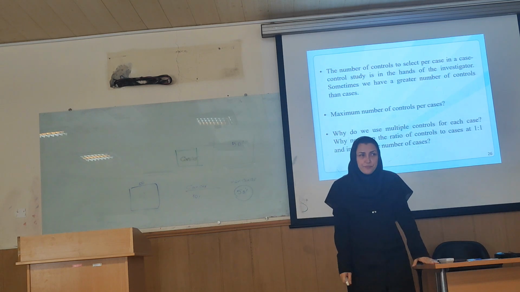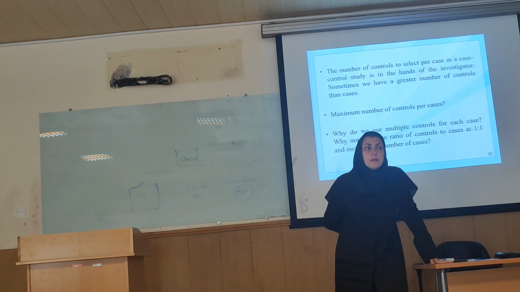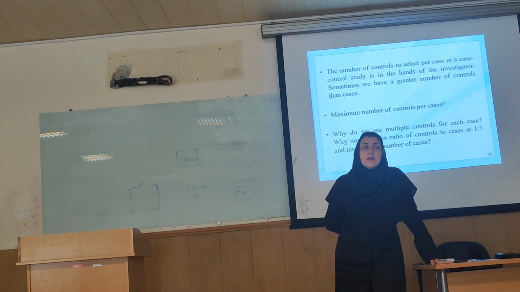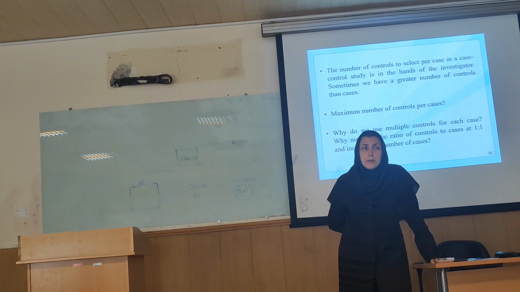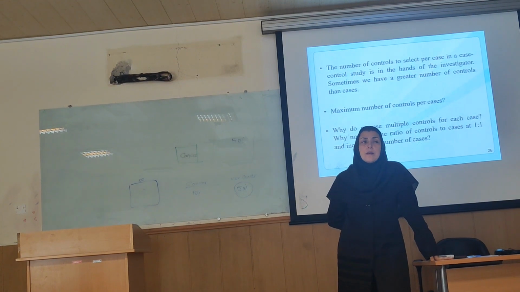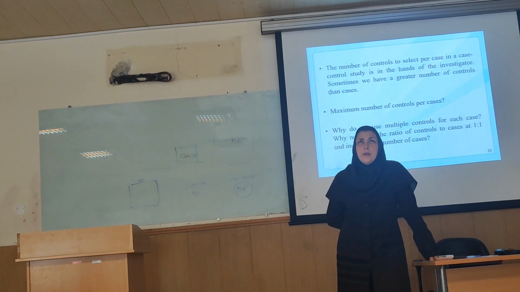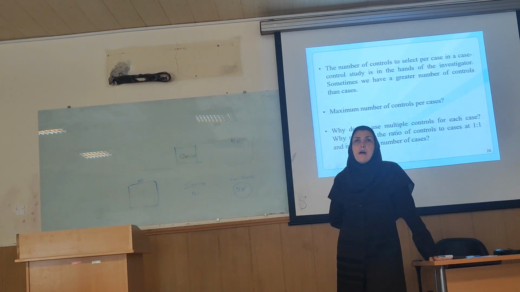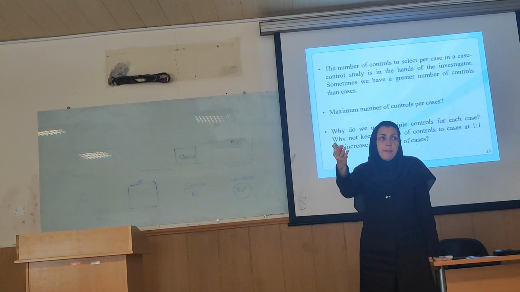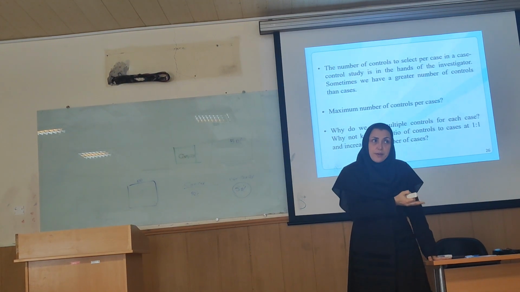Yes, but you need more controls so that you can have more accurate results, because otherwise you are comparing one person with one person, and when you want to work with the general population, you're comparing one person, on average, to all of the population, so you should have more than one control. You think that since controls are higher in number, it is better.